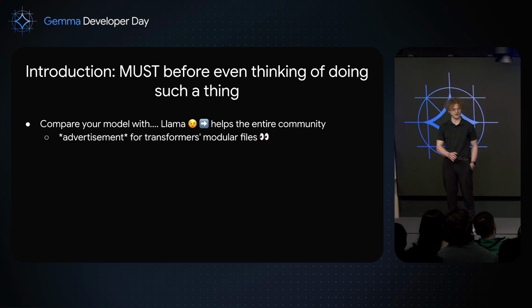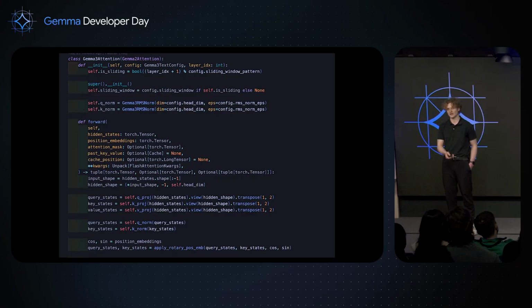Now, here are the first things that you have to provide if you want to do an integration with Transformers. Something that helps everyone is to compare your model. Recently, all of the models have to be compared with the Llama standard because that's the easiest way. In Transformers, a good way that we found is to use inheritance.